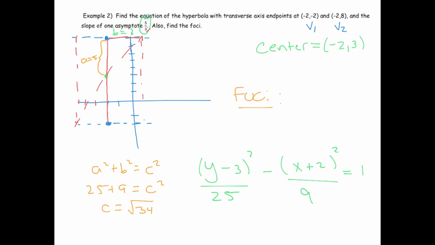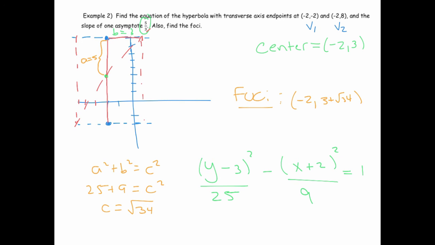Now, c is the distance from the center to either focus. So if my center is at -2, 3, then one of the foci is going to be -2, 3 plus root 34. Now root 34 is in between 5 and 6.